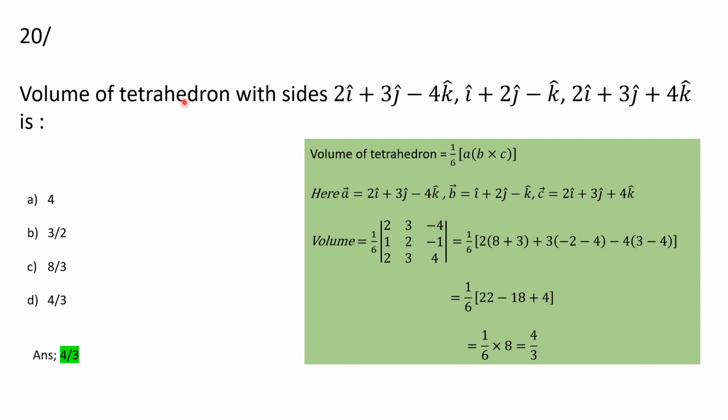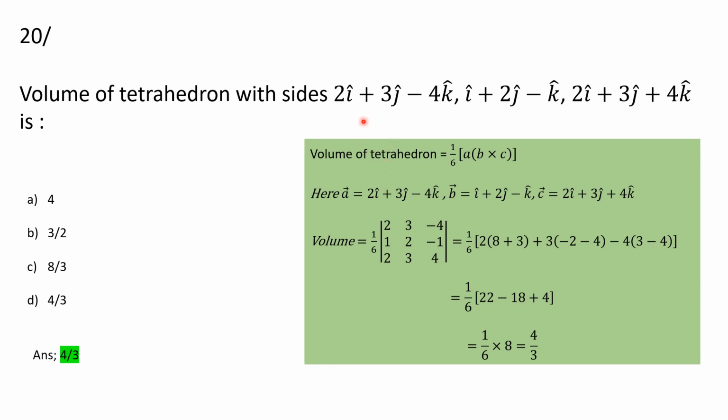Then, the volume of a tetrahedron with sides 2 i cap plus 3 j cap minus 4 k cap, i cap plus 2 j cap minus k cap, and 2 i cap plus 3 j cap plus 4 k cap. The options are 4, 3 by 2, 8 by 3 and 4 by 3. The volume of the tetrahedron is equal to 1 by 6 into the scalar triple product of the sides.